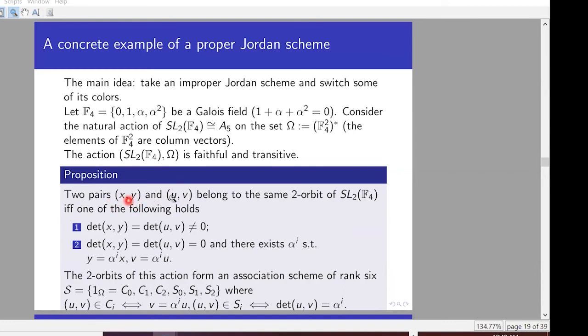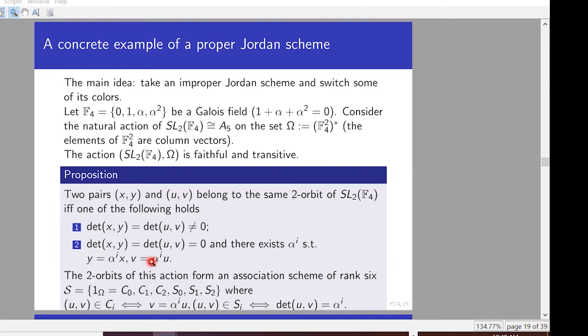So these two pairs are in the same orbit if they have the same determinant, which is non-zero, or the determinant of both matrices is 0. So these vectors, x and y, are proportional, u and v are proportional, and they should have the same coefficient of proportionality.